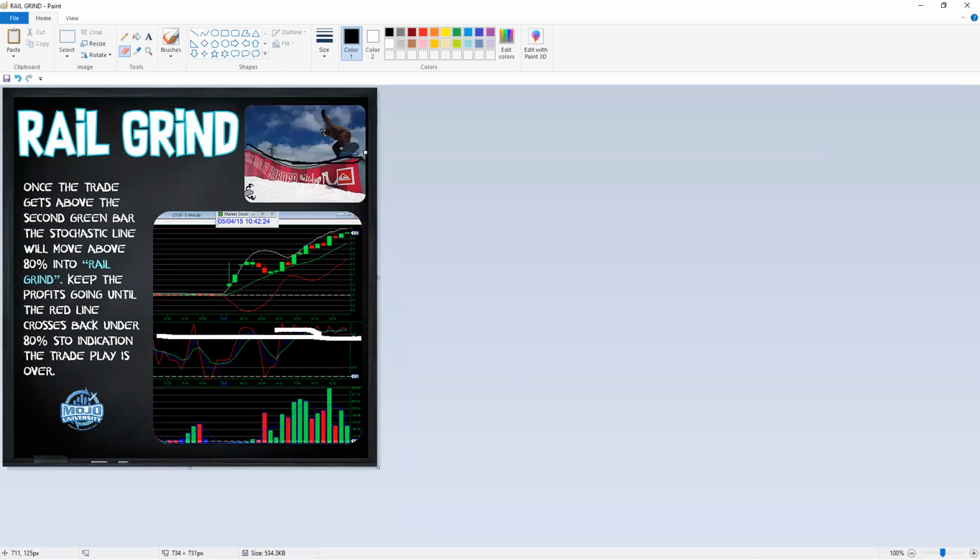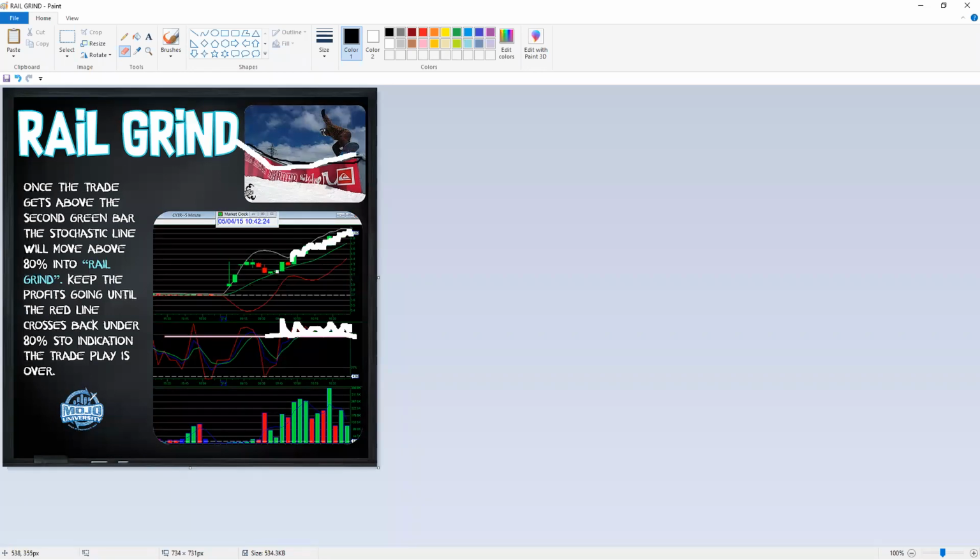That's the rail right here. And as long as this stays above 80%, you're golden. See, he's above it. And look, see this? These little ups and downs, he's doing tricks because the stock's spiking up and down above.